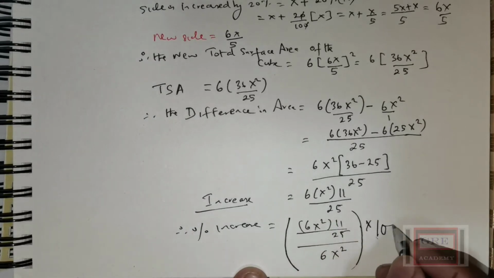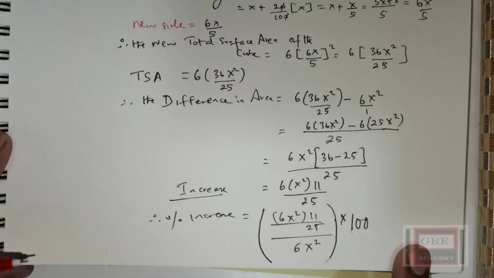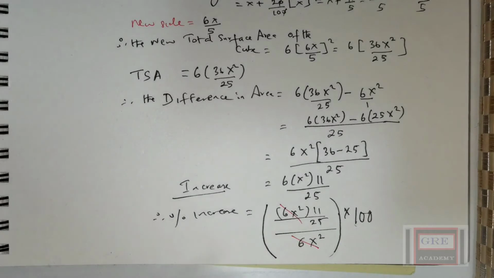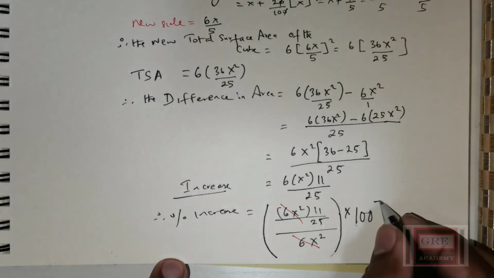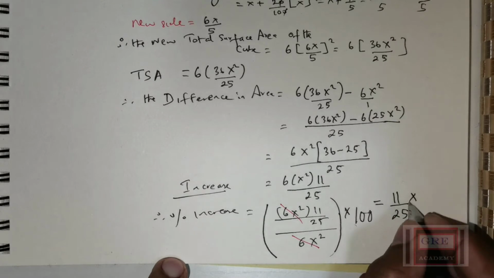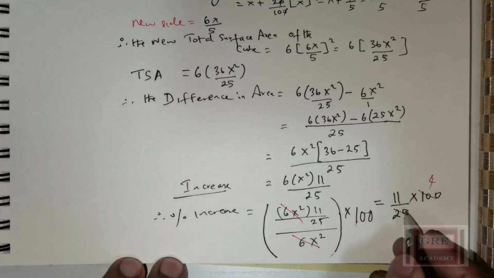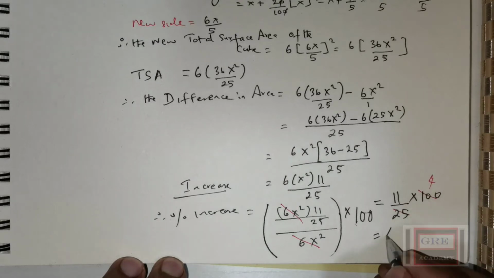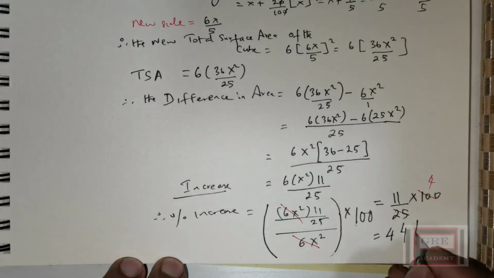So clearly 6x squared gets cancelled off, which can be rewritten as 11 over 25 times 100. 25 divides 100 four times. 4 multiplied by 11 would give us 44.